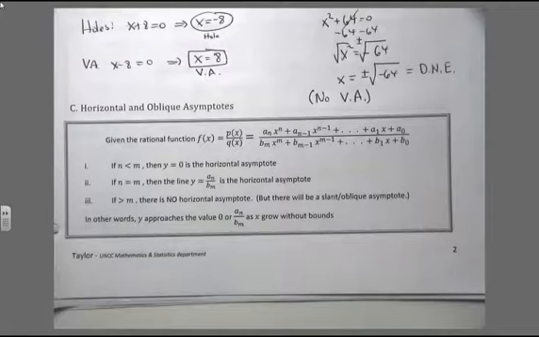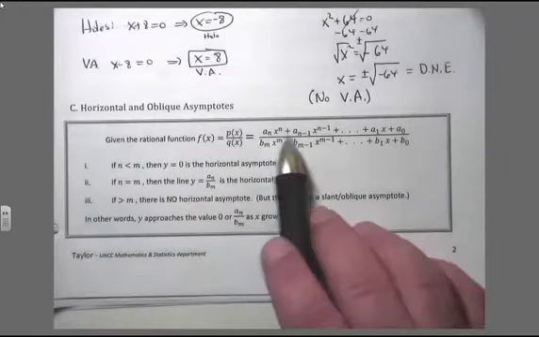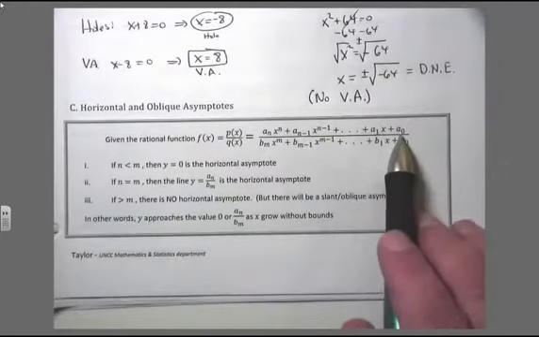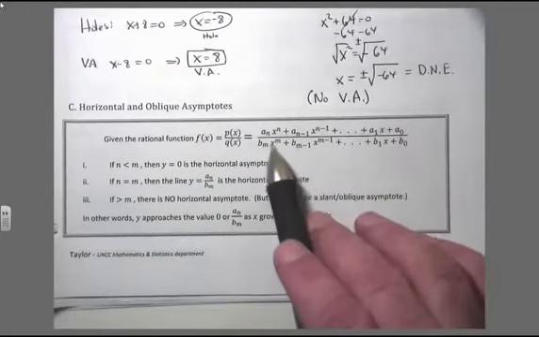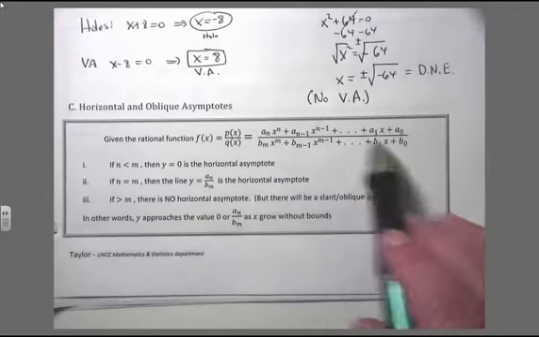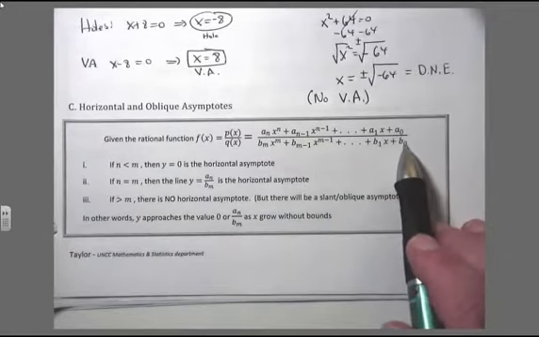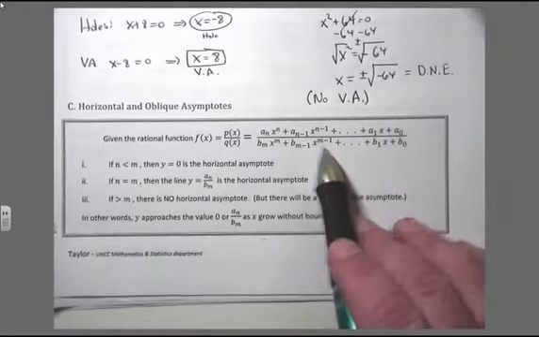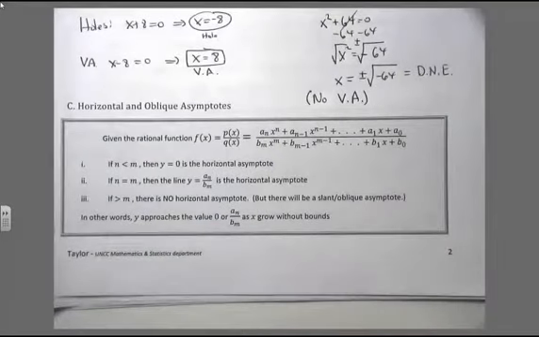Given the rational function, f of x is equal to p of x over q of x, which is a sub n x to the n plus a sub n minus 1 x to the n minus 1, all the way down to a0, divided by b sub m x to the m plus b sub m minus 1 x to the m minus 1, all the way down to b0. Got polynomial over polynomial. If n is less than m, then y equals 0 is the horizontal asymptote. Who in the world is m and who in the world is n?